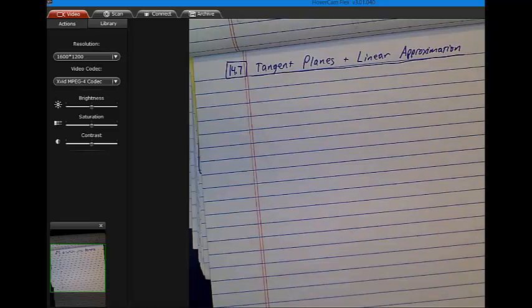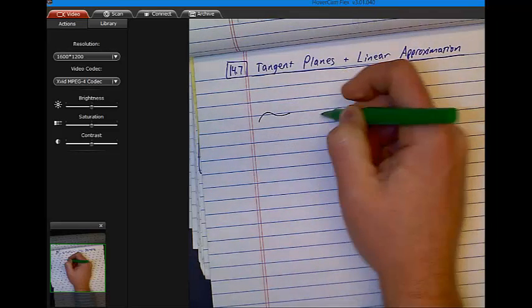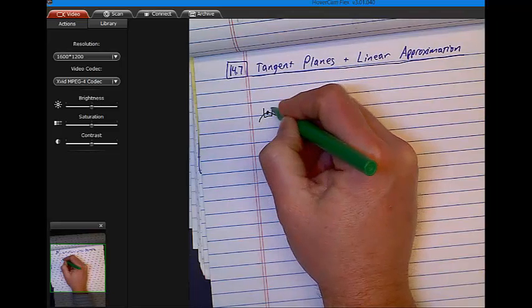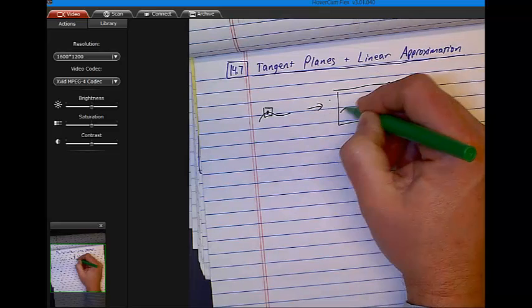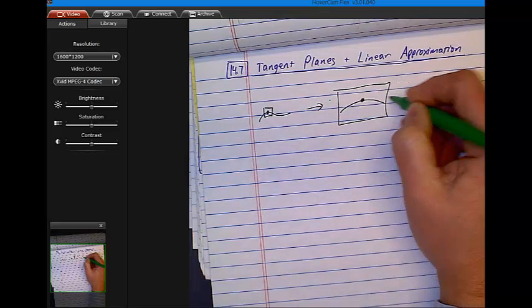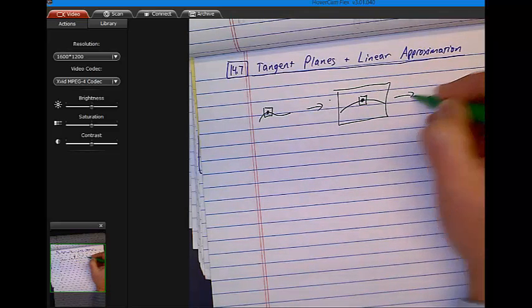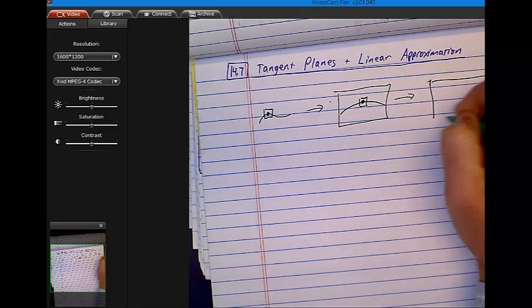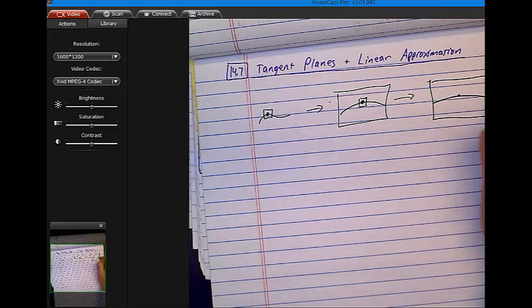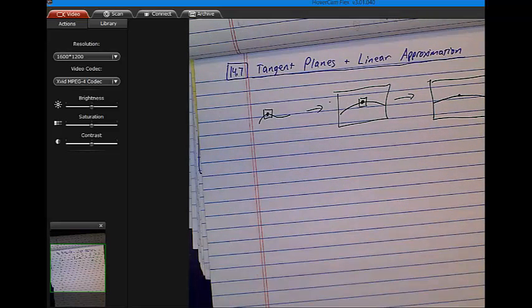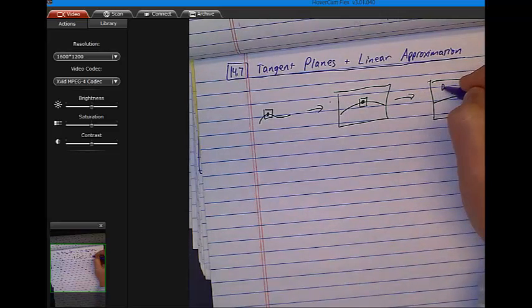I guess the picture is this, and if I zoom in, it's looking more and more like a line. That's what you call differentiable.